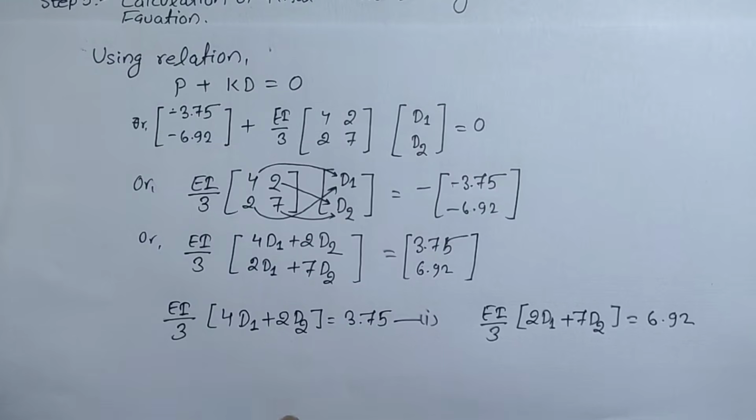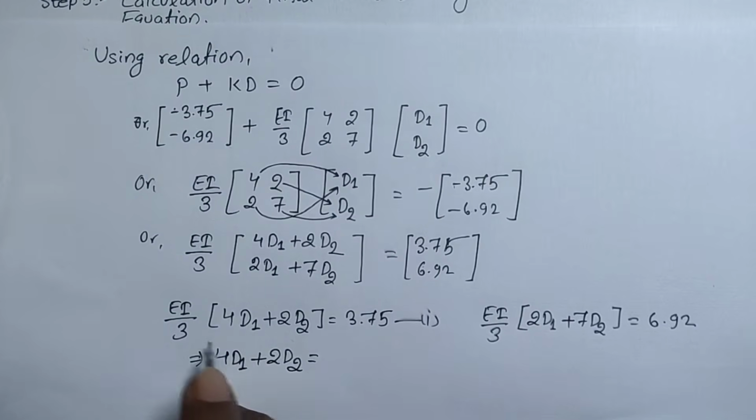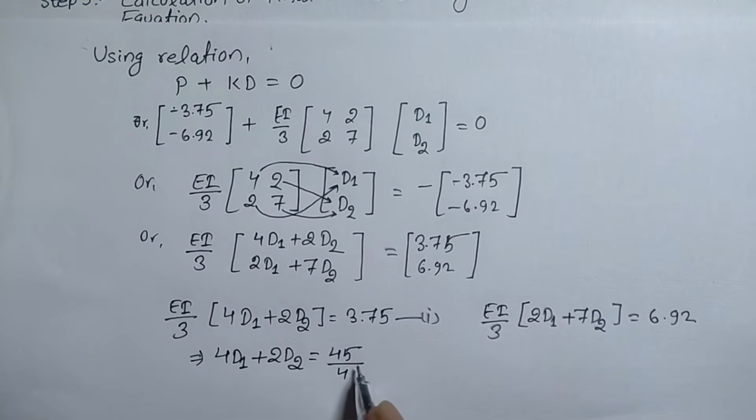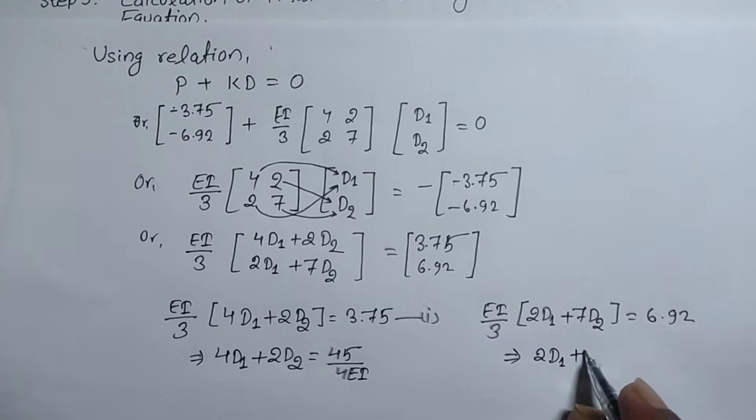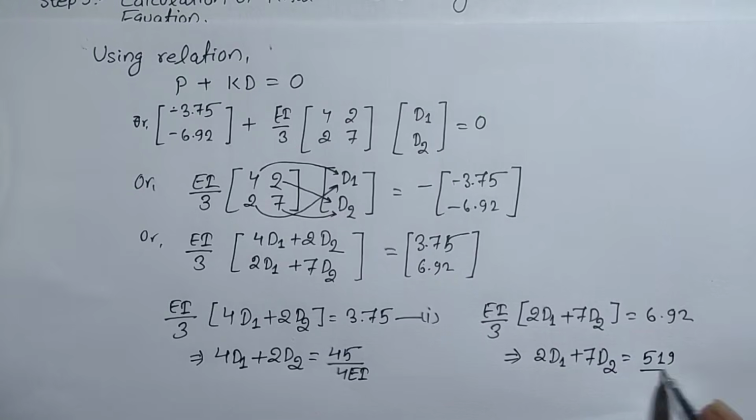We need to do one more step: 4 D1 plus 2 D2 equals, multiplying 3 with 3.75, 45 by 4 EI, and similarly 2 D1 plus 7 D2 equals, multiplying 6.92 by 3, 519 by 25 EI.